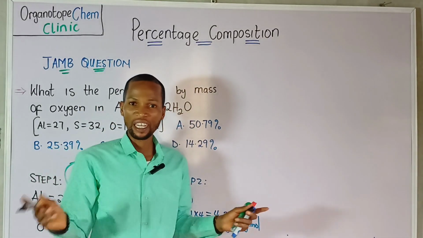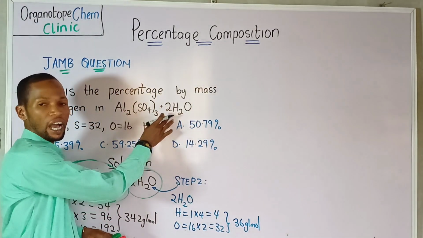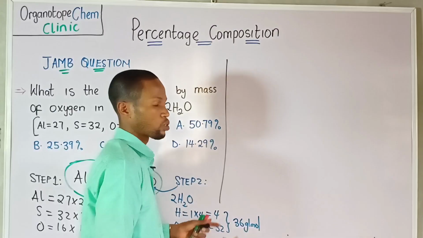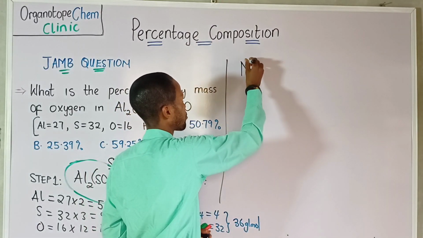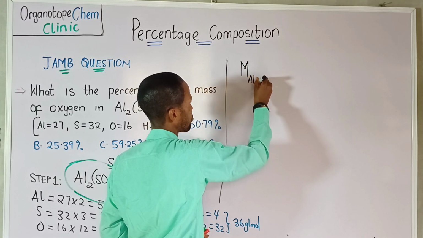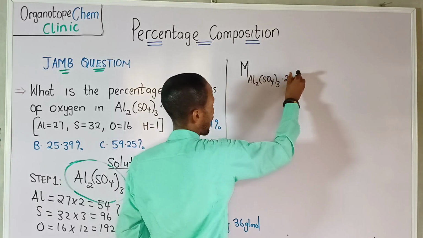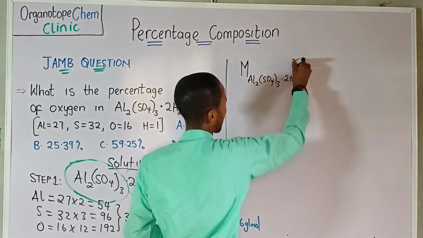Okay? Now we can determine the molar mass of hydrated salt right here, the aluminium sulfate dihydrate. So we have the mass of the hydrated salt, that's aluminium tetraoxosulfate 6 dihydrate. Okay?